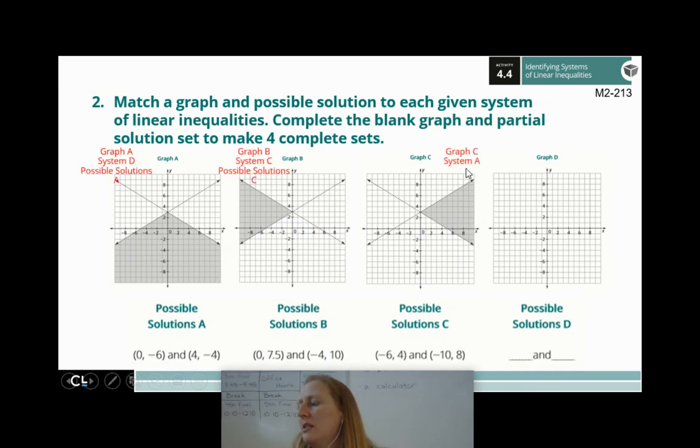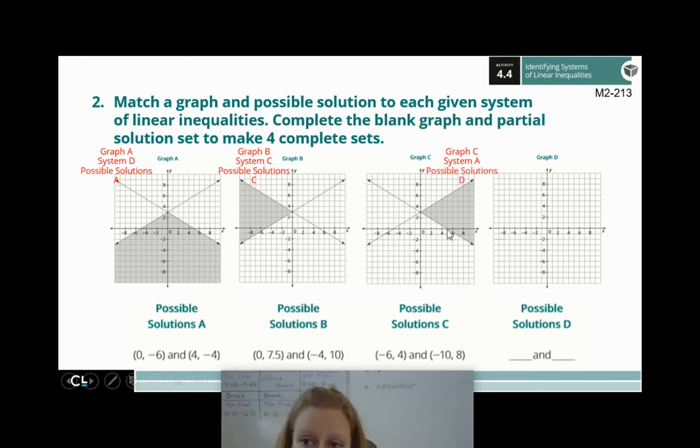So graph C is system A. Which solution set? Probably this one, right? If we have (0, 7.5), no, not that one. (0, 7.5), that's not a solution either. Or (-4, 10). Okay, so it looks like I need to come up with my own solutions, possible solutions D, and you can come up with your own solutions here.